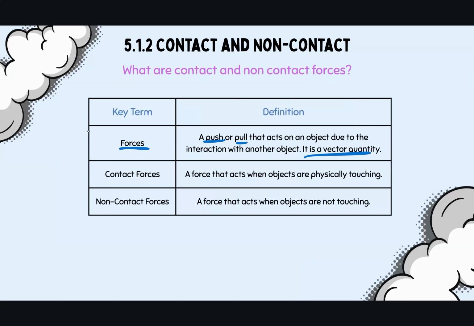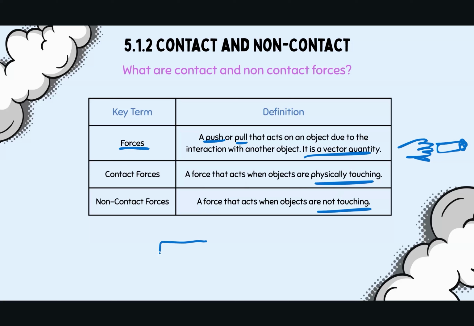Now, if there's physical contact between the two, for example, in this case, my hand, oh, I need to learn how to draw, and the door handle, then that's contact force. So when there's physical touching, it's contact. When there's no physical touching, that is non-contact.